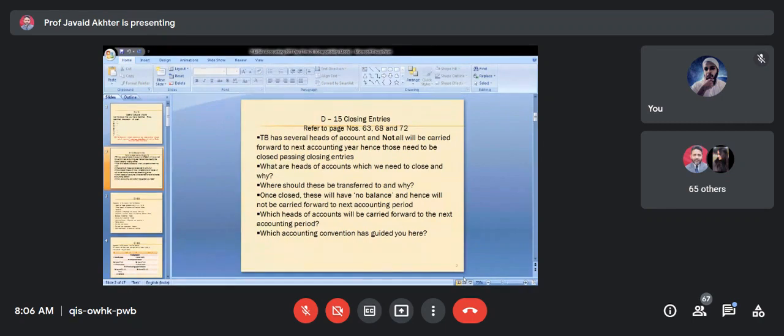So if the name of a person appears, it is not an expense. Expense means salaries, wages, rent, goods purchased, interest paid, taxes paid, advertisement paid. So these are all expenses. So this account is our asset, and the name of the asset is debtor.